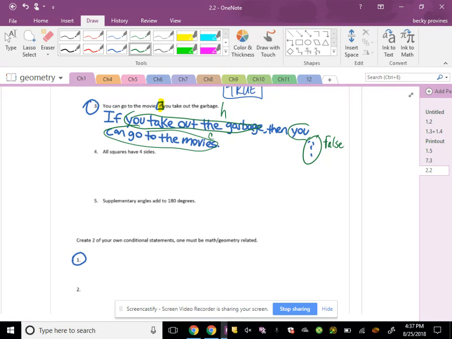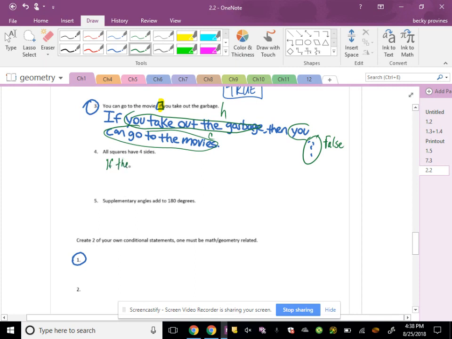All of those words are good replacement words. So, let's see. If the figure is a square, then it has 4 sides.